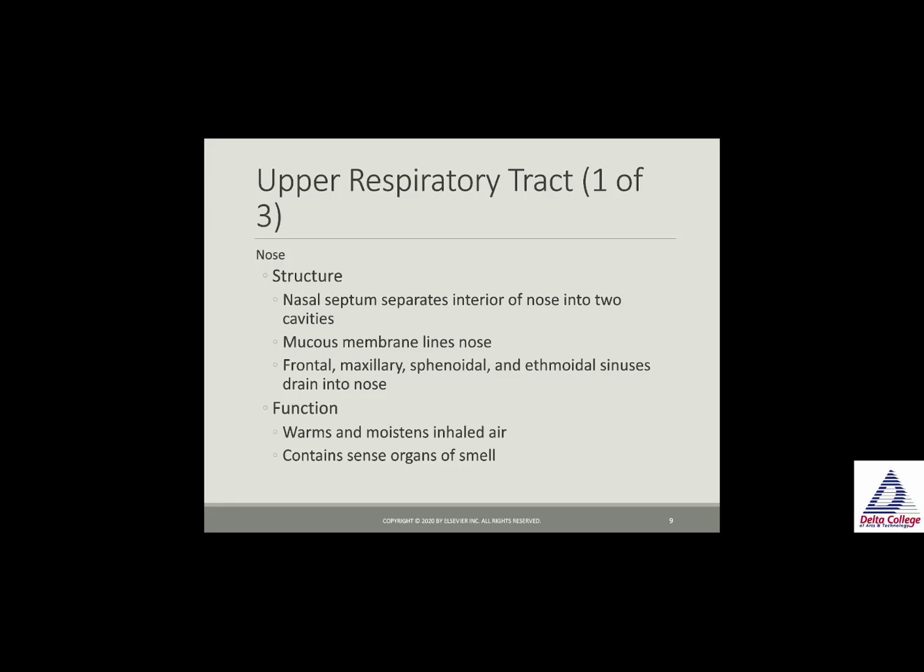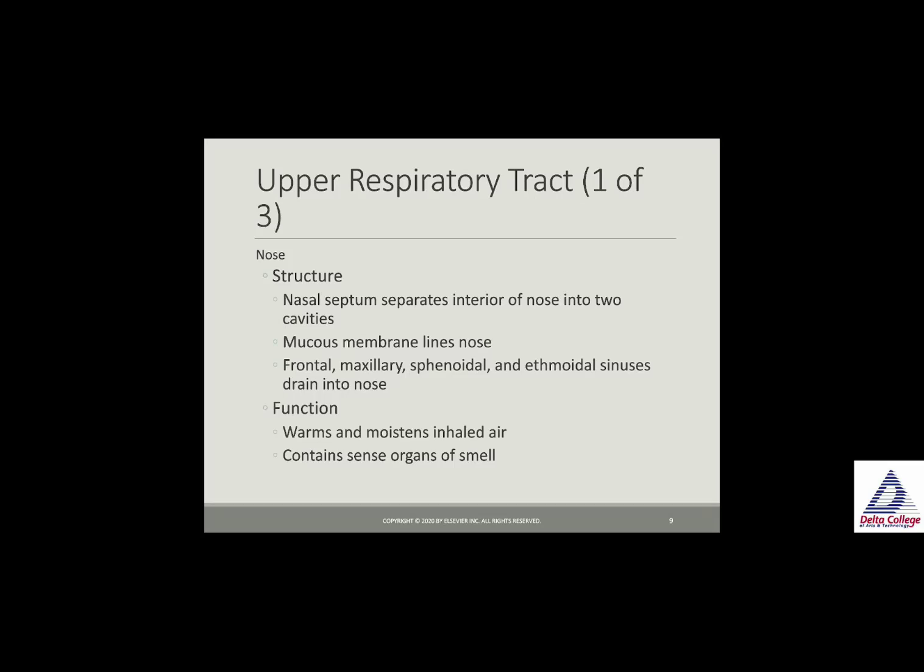Now, the upper respiratory tract consists of the nose. We have the nasal septum that separates the interior of the nose into two cavities. You've got a left naris, the left nostril, and a right naris, which is the right nostril. Mucous membrane lines the nose, like I just discussed.